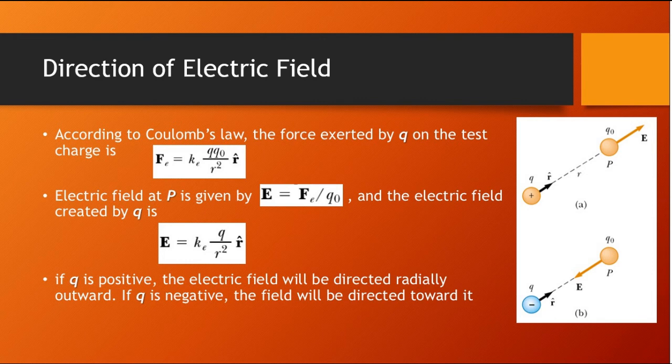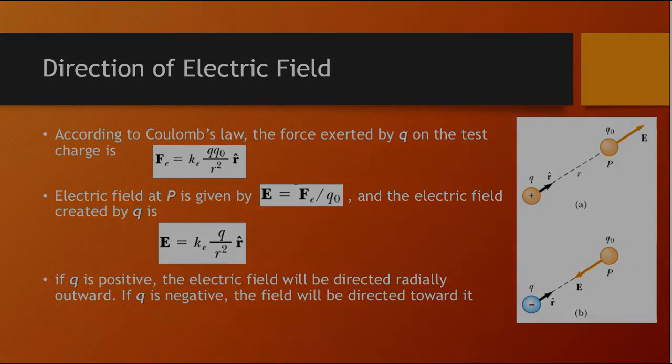Because the electric field at P, the position of the test charge, is defined by E equals Fe divided by Q0, we find that at P, the electric field created by Q is E equals Ke Q divided by r squared times r hat. If Q is positive, the electric field is directed radially outward from it. If Q is negative, the field is directed toward it.